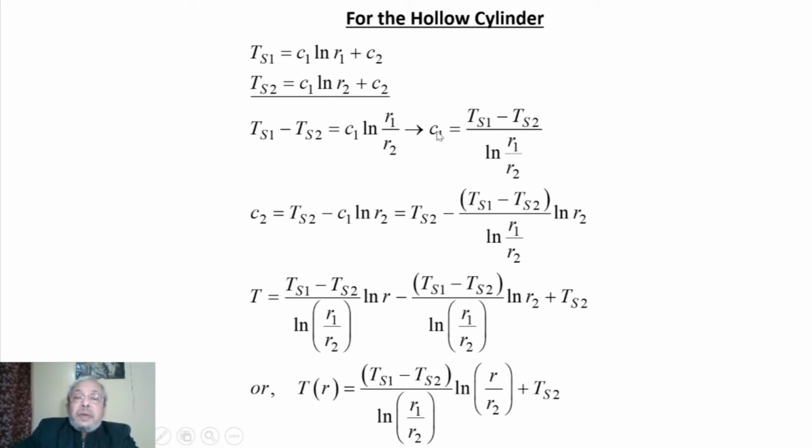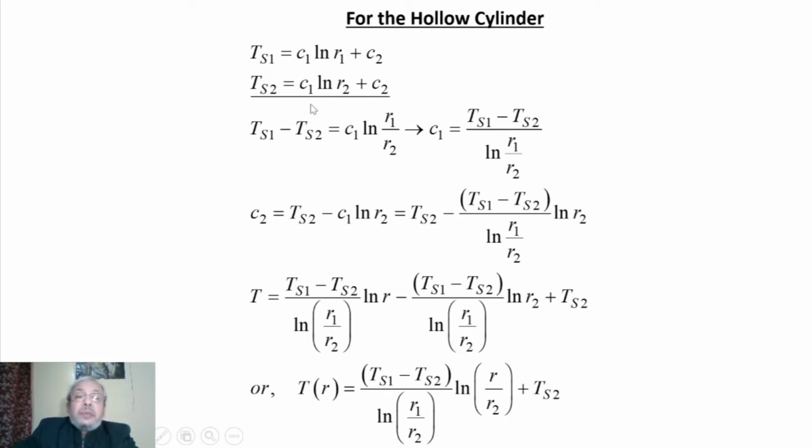Now, after having found C1, if we substitute C1 here, we will get the expression for C2. So C2 is Ts2 minus C1 ln r2, and C1 is given by this expression. Then C2 has been found.